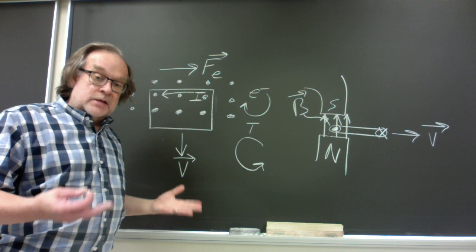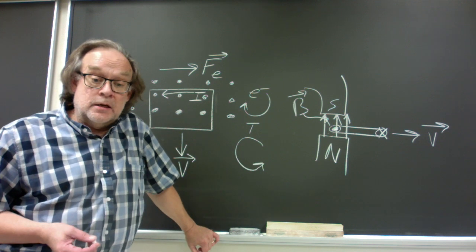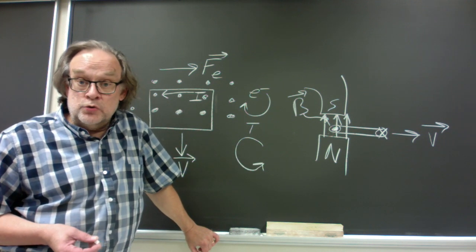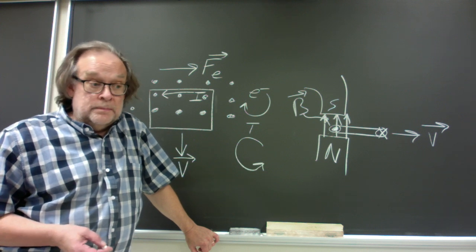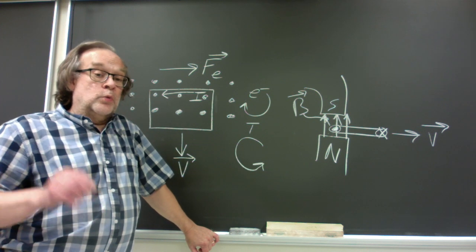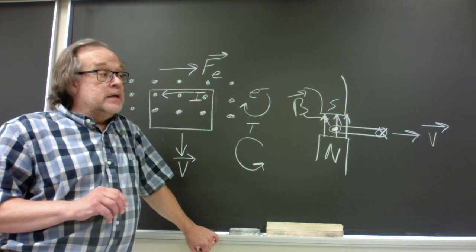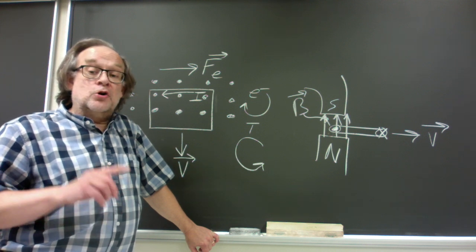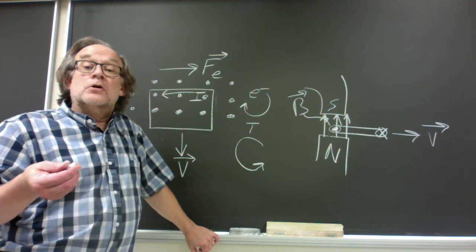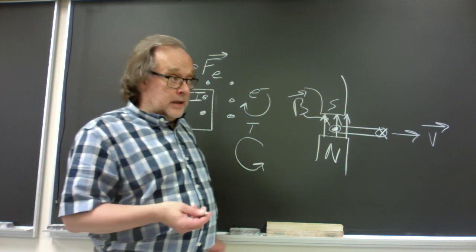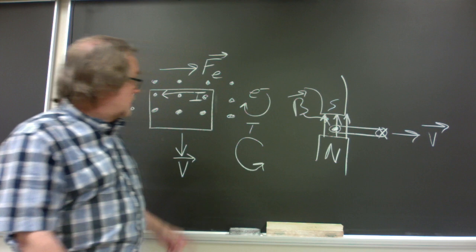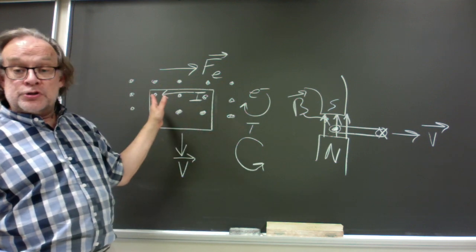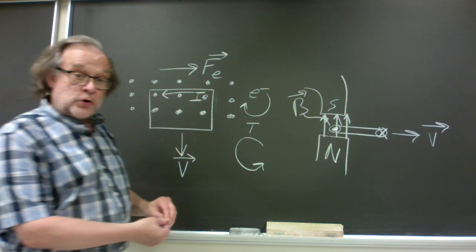It was that specifically that gave us our induced voltage and induced current. And so the thing that we're really interested in here is something called magnetic flux. And it will be changes in that so-called magnetic flux that actually produce the induced voltages and the induced current.